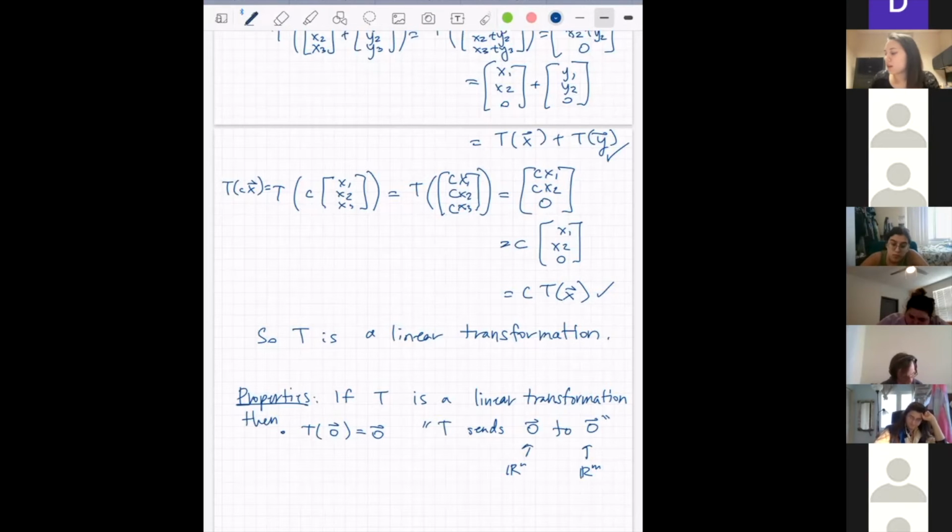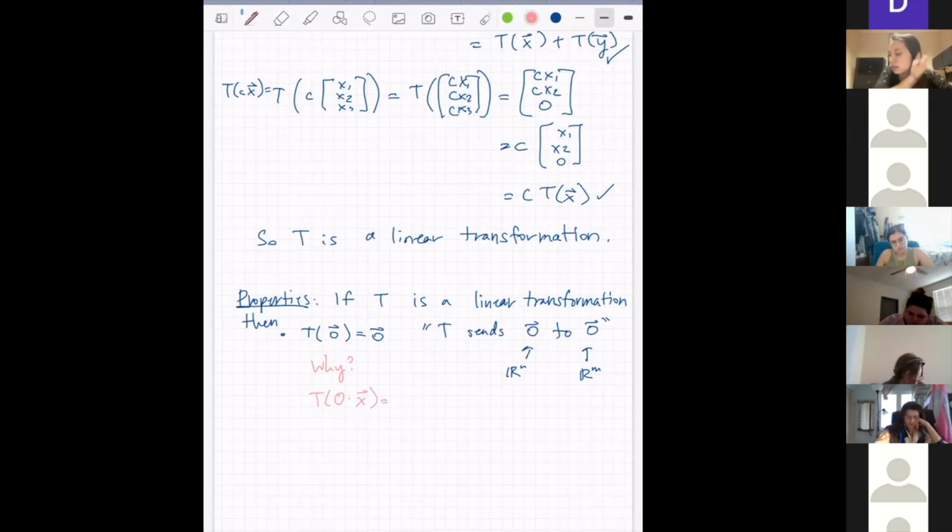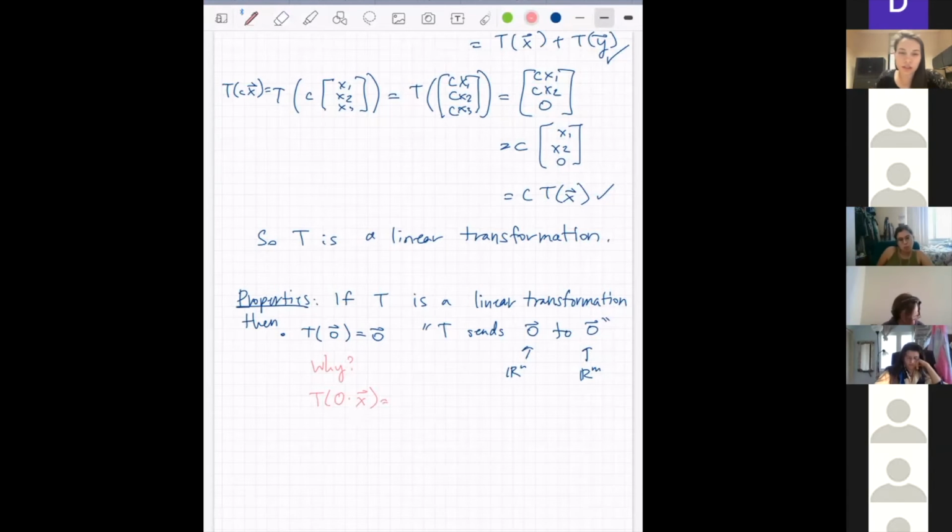Okay. So this just comes from that property about being able to pull out scalars. So why is this the case? Because if we take T of 0, so 0 is a scalar, times some vector x, then when we multiply x by this scalar, it will give us the 0 vector, so just make all of the entries 0.